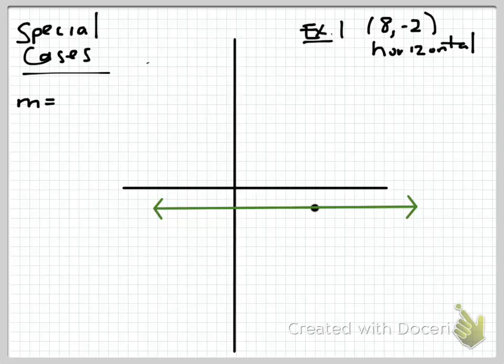What's my slope, Princeton? Okay, help him out, Kaylee. 0. How do you know that, Haley?